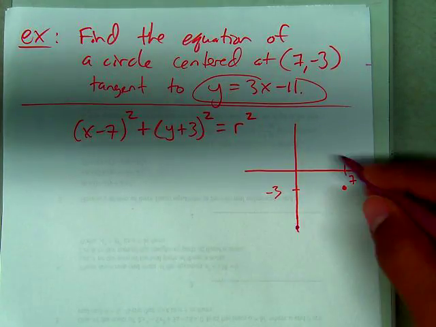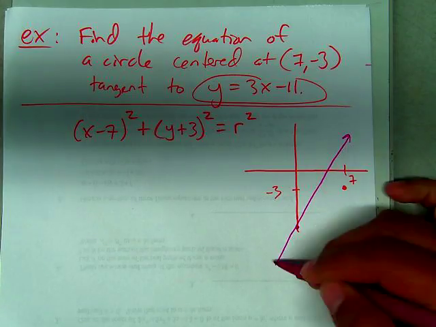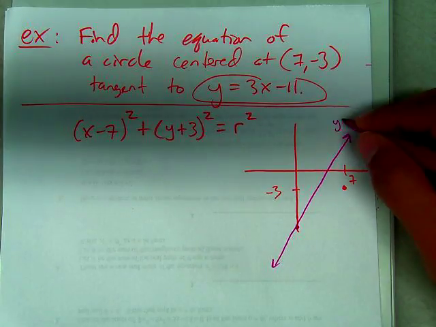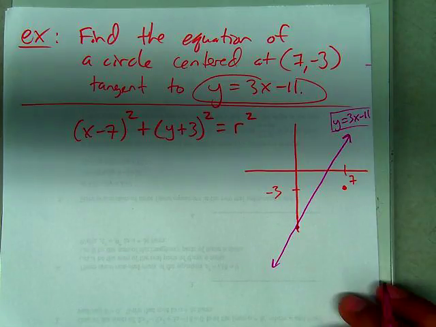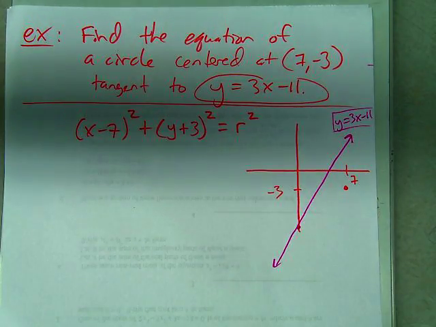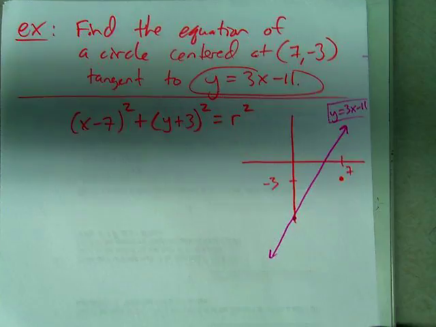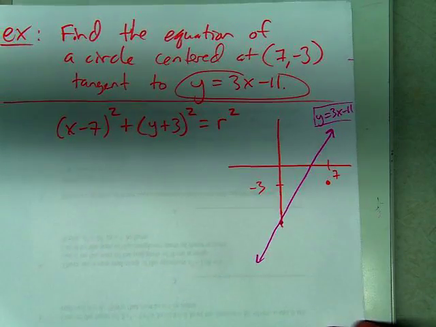Slope's +3. So let's just pretend that this is the line, right?